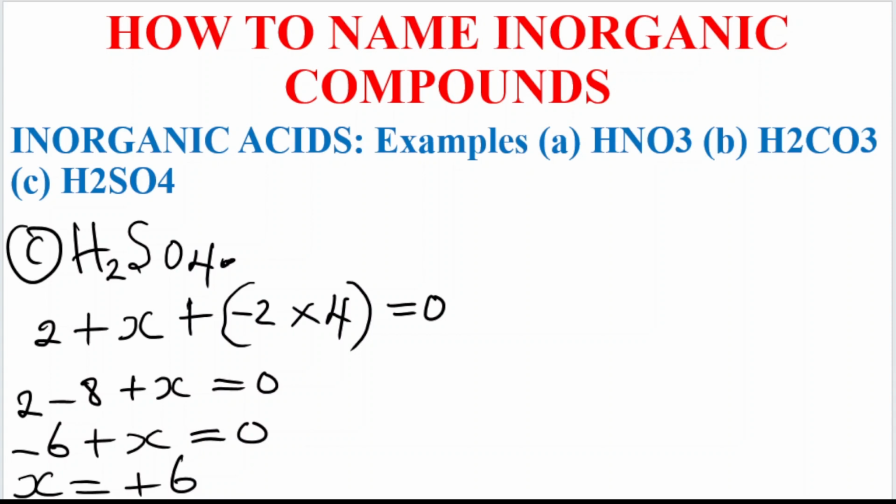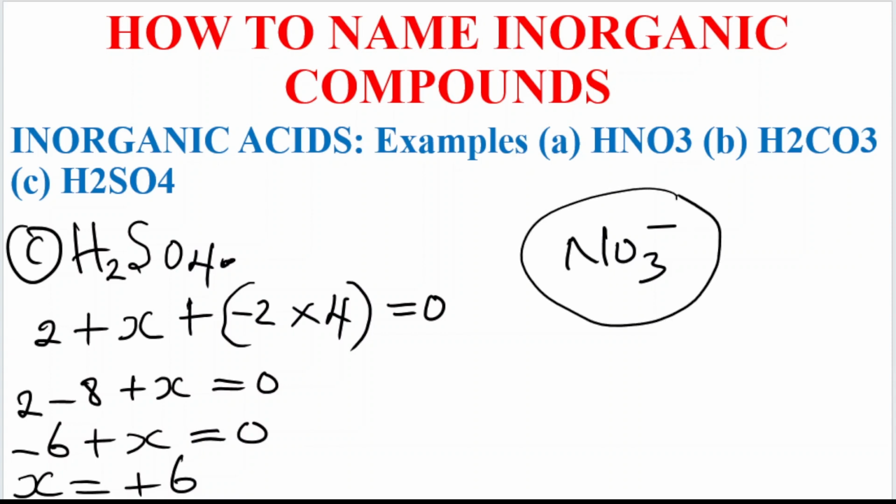So how about when we have something like this? How can we calculate the charge? How can we also calculate or name a transition element? There are some compounds that contain transition elements. How can we name them? In my next video, we'll be exploring how we can calculate such things, and also give a name to transition elements.